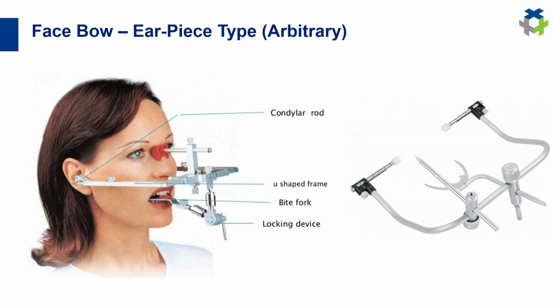The first one is called the arbitrary face bow, and the second one is called the kinematic face bow, which gives you a true hinge axis. The arbitrary face bow can further be divided into the earpiece face bow, which records the hinge axis from inside the external auditory meatus, which means you can place this into the external auditory meatus of the patient.